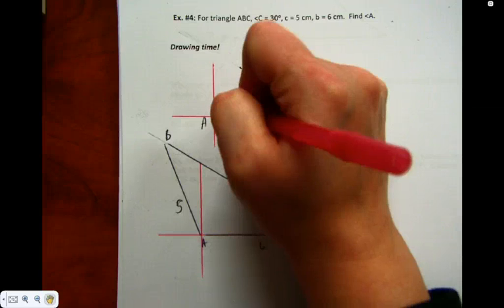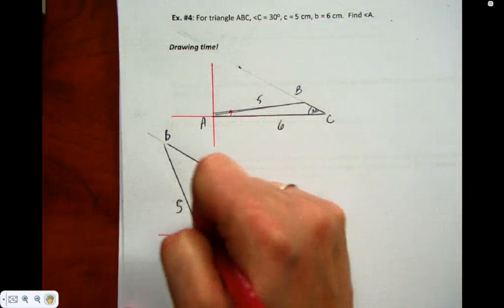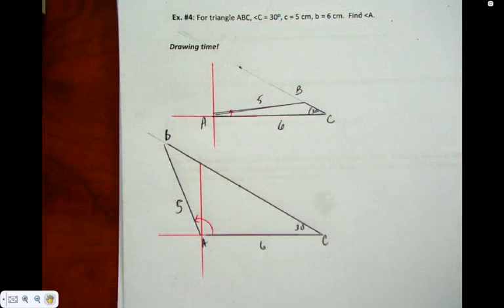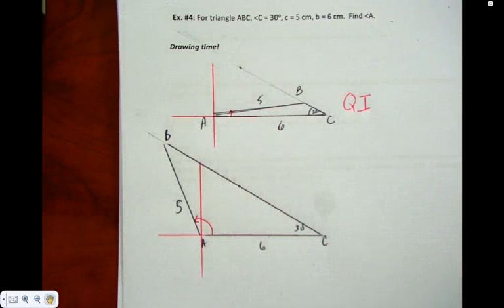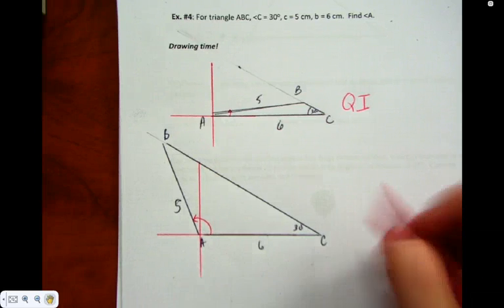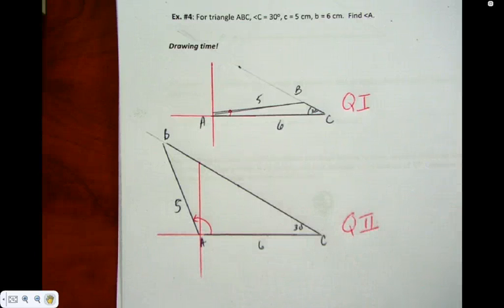And if we were looking in standard position, I would mark the angle from the positive x-axis to where it hit the terminal side. And so what we get here is a Q1 triangle for the first diagram, because the angle is physically in quadrant 1. What happens with the second diagram? We get a Q2 answer.